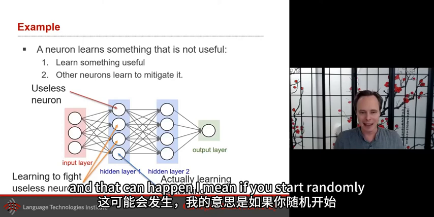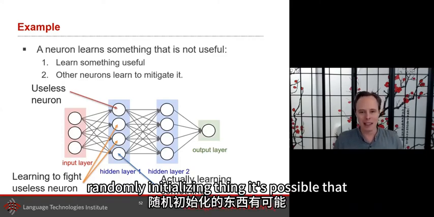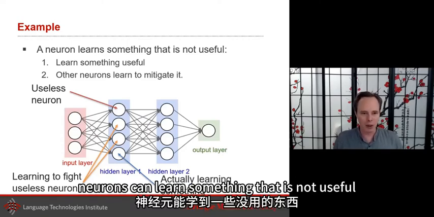If you start by randomly initializing things, it's possible that neurons learn something that is not useful.